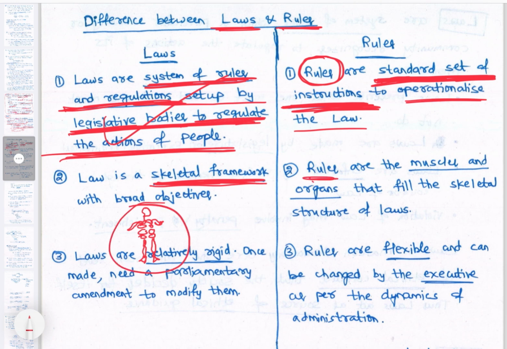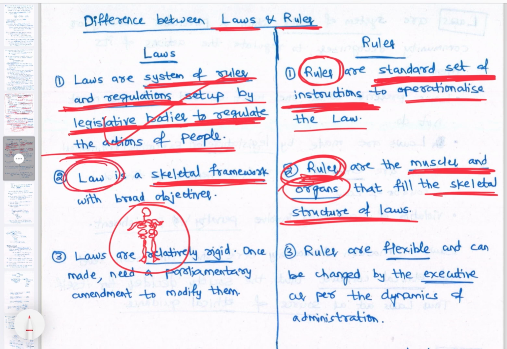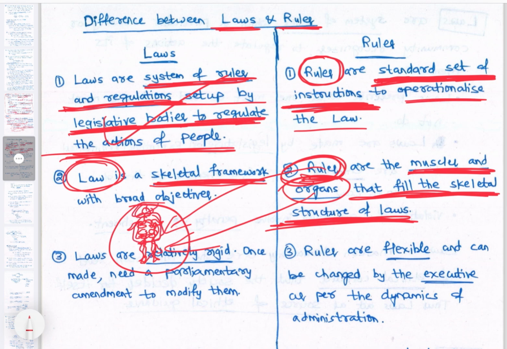On the other hand, rules are the muscles and organs that fill the skeletal structure of law. So laws provide the basic skeletal framework, and rules are the muscles and organs that fill the skeletal structure of law.